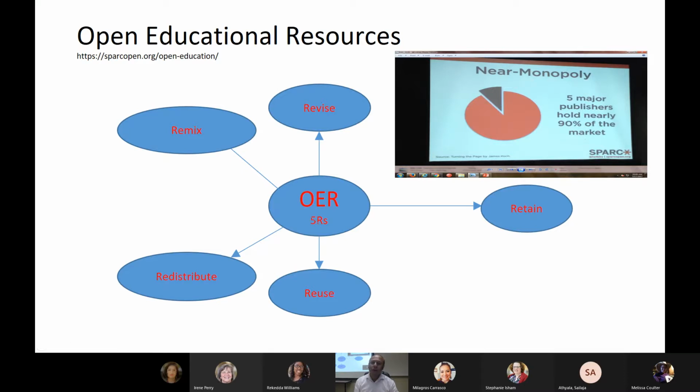Imagine a business education student who wants to buy a basic business book; it's probably a couple of $100. So many people are struggling with their textbooks. The federal government took the initiative for open educational resources, and it's getting more popular day by day.